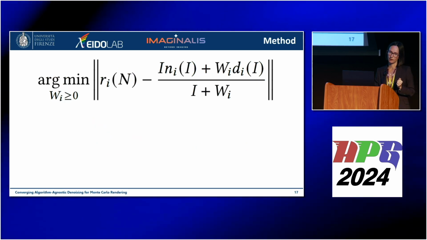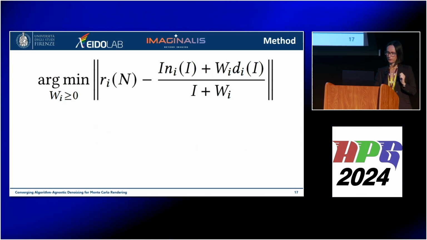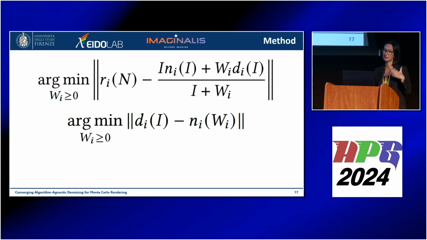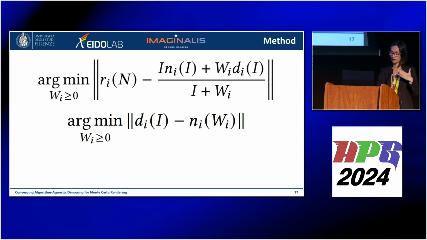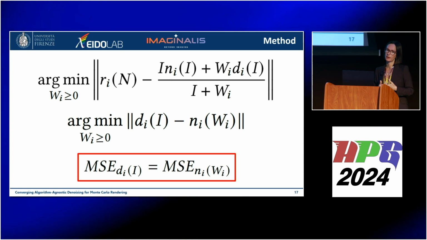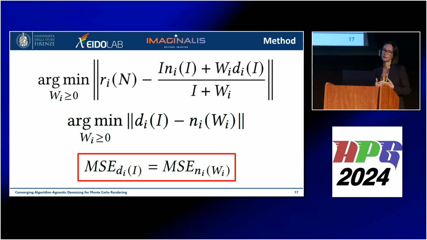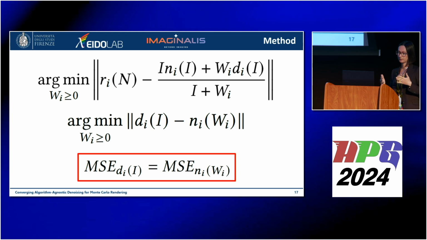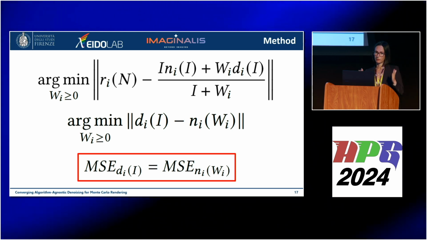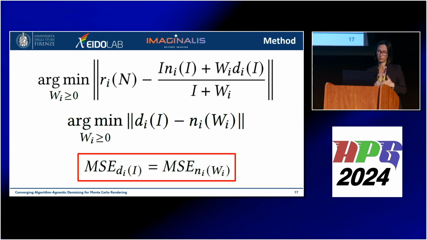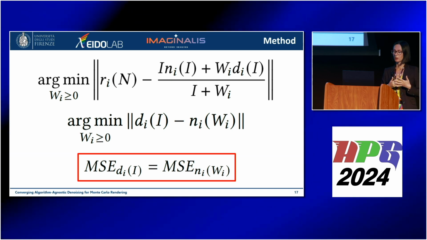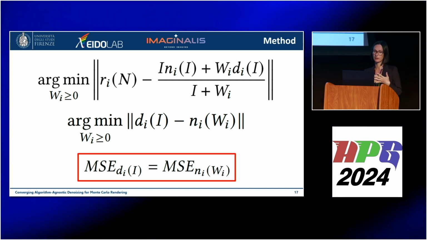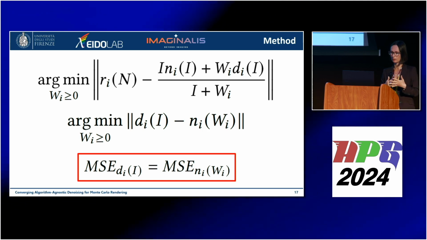What does it mean? It means that instead of solving the initial problem, we can actually solve a simpler problem. And moreover, we can show that for the solution of this problem, the following equation is true. In other words, the mean square error between the reference and the denoised pixel obtained at iteration I should be equal to the mean square error between the reference and the noisy pixel obtained at iteration w.